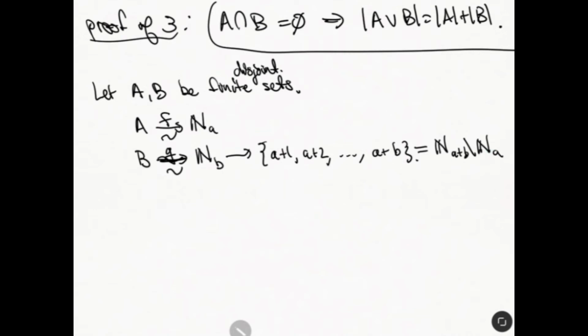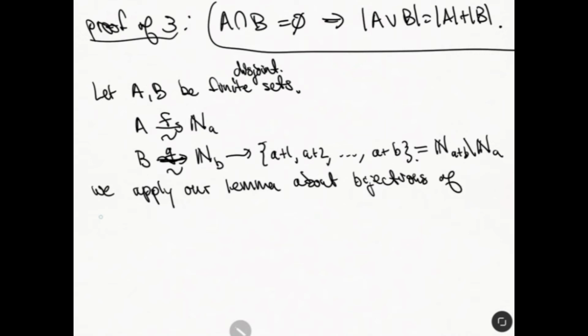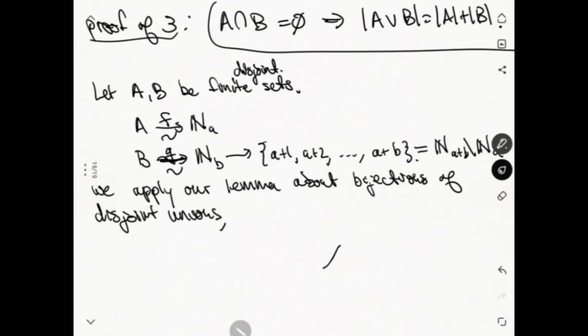And so we apply our lemma again, our lemma about bijections of disjoint unions. Okay, and what does that give us?